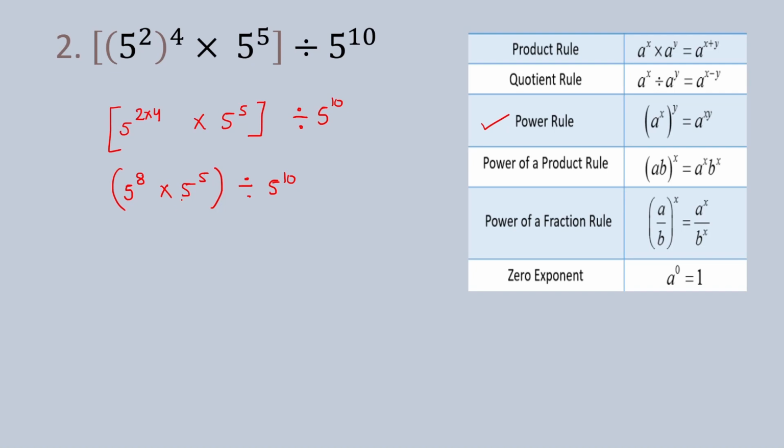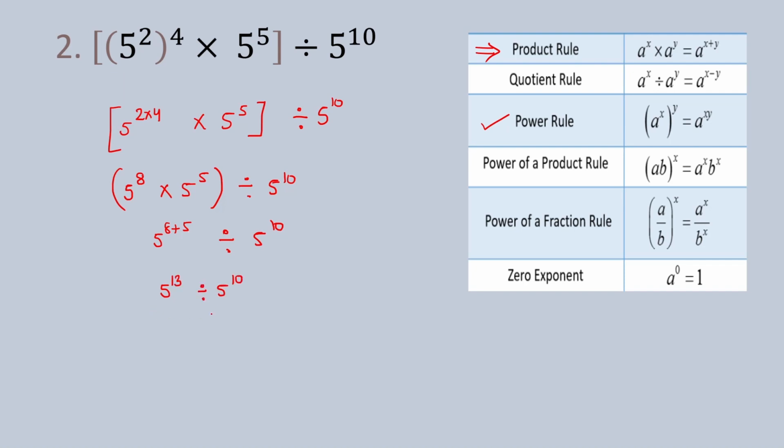Now check this bracket. We have same bases, multiplication operation. So the first law is applicable, that is the product rule. Bases are same, add the exponents, divided by 5 raised to the power 10. 8 plus 5 will give you 13 divided by 5 raised to the power 10.